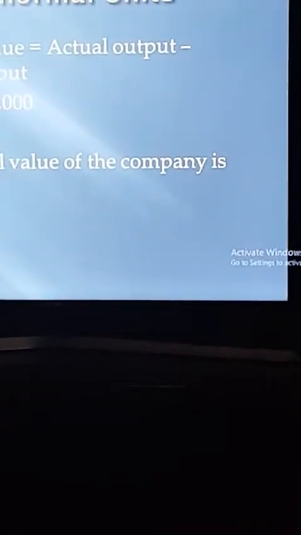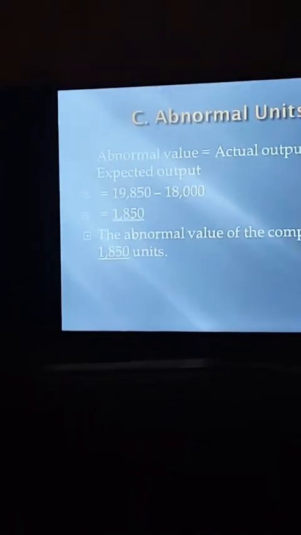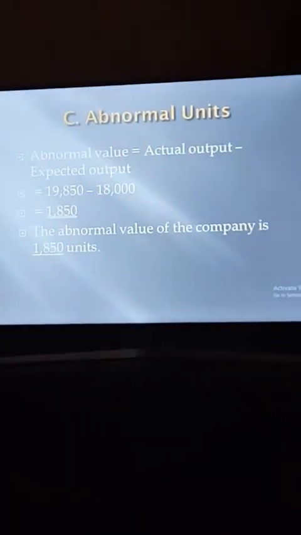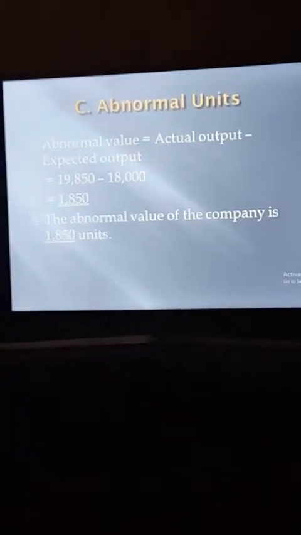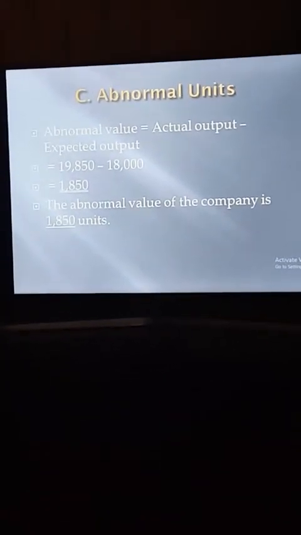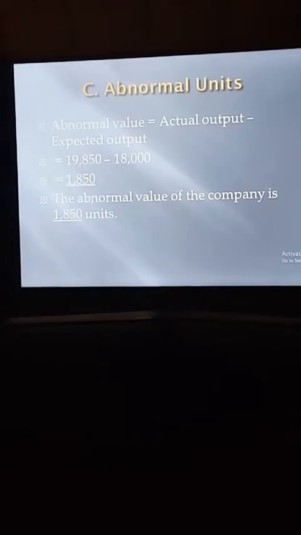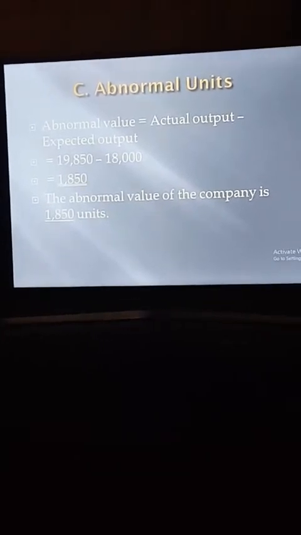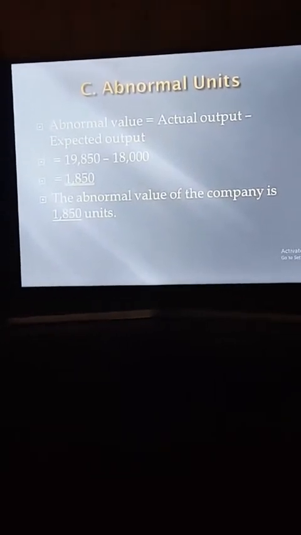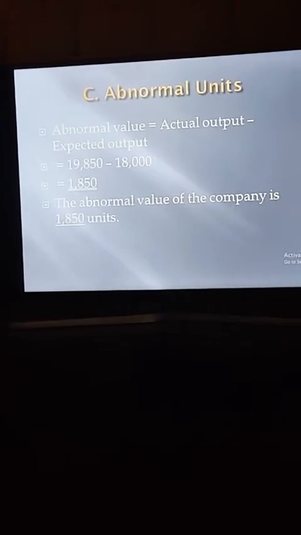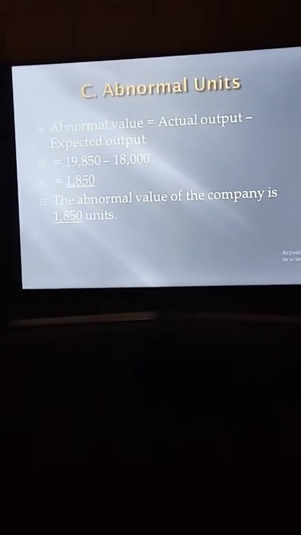The third one is abnormal units. For abnormal units, the abnormal value equals actual output minus expected output, which is 19,850 minus the expected output of 18,000, which equals 1,850.